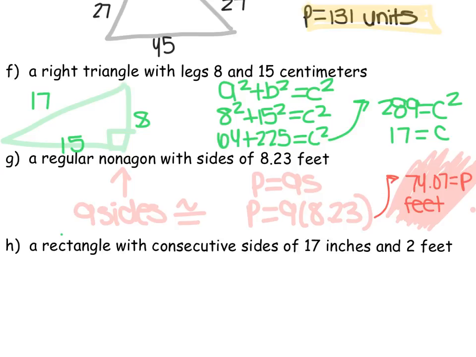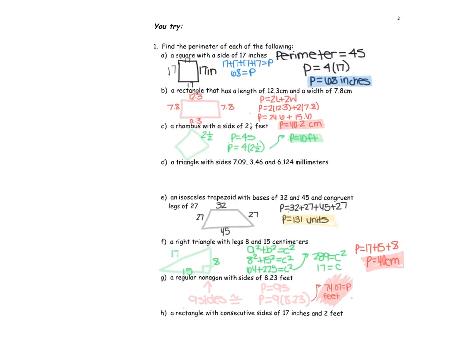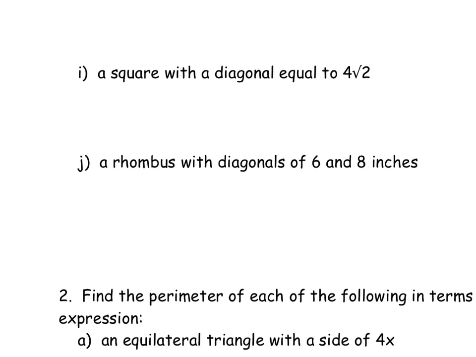Now we're going to switch them up a little and make them more like ones where you're missing some information or you're given the perimeter and you have to find the sides. So if you go to the next page, letter I, we have a square with a diagonal equal to 4 radical 2.